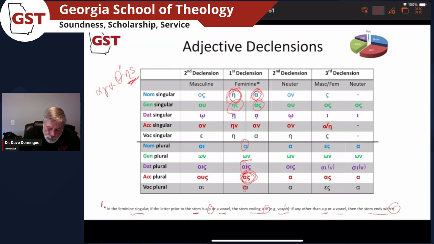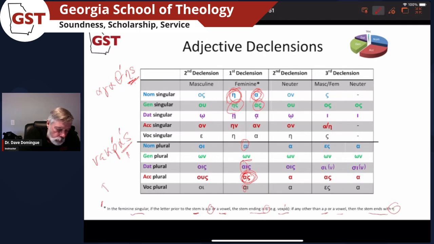So nekros can be genitive. Here's the question: can nekros, here's our eta sigma, can it be genitive singular? All right. Well, the stem ending is with the alpha, and that's because the letter preceding is a rho, right?